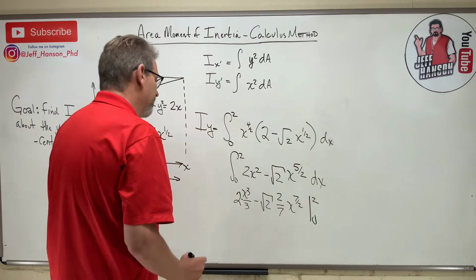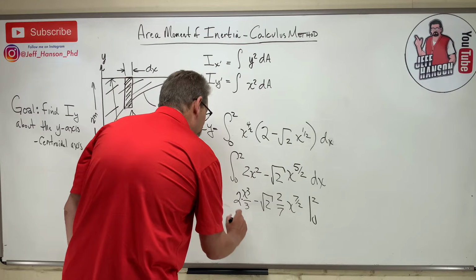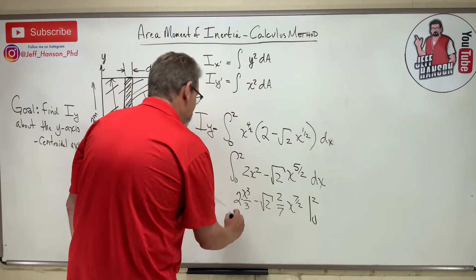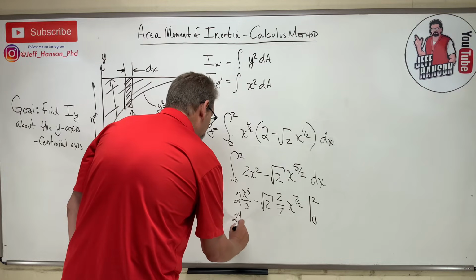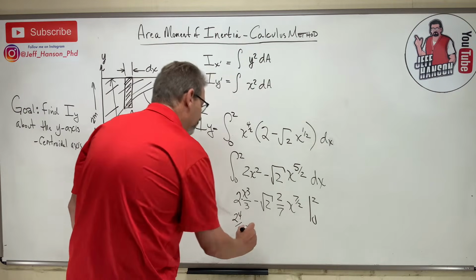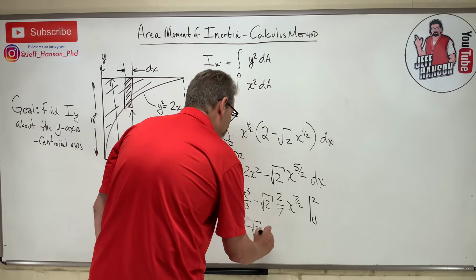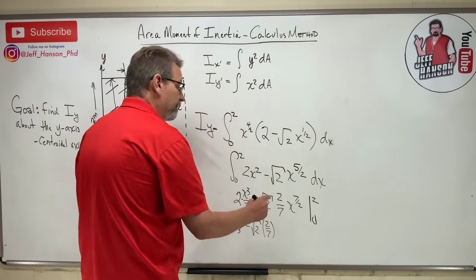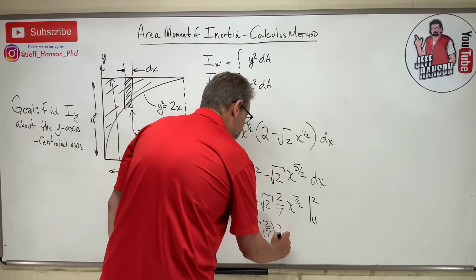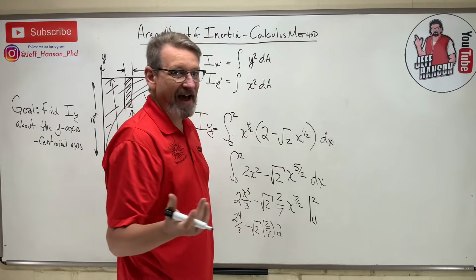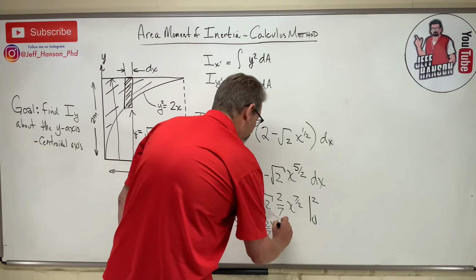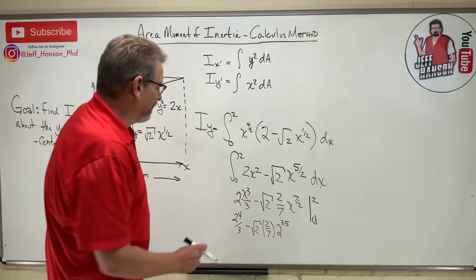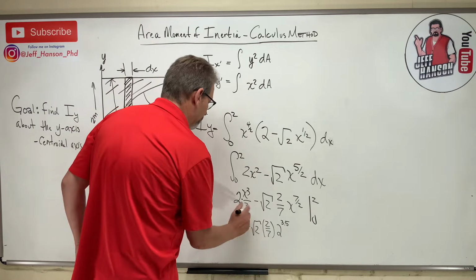So this becomes 2 to the 4th over 3 minus root 2 times 2/7 times 2 to the 7/2. 7/2 is really 3.5, which just makes it a little bit easier to put in your calculator.